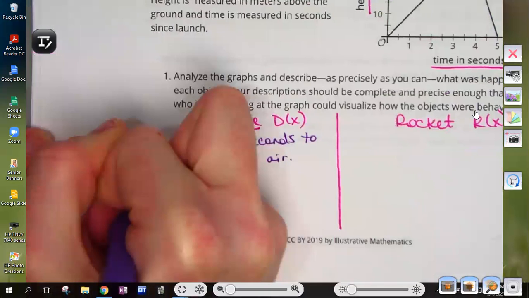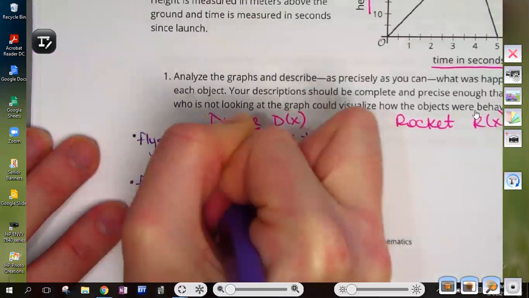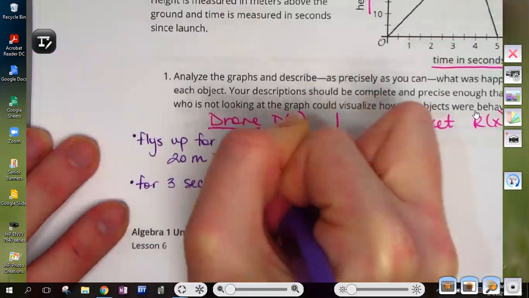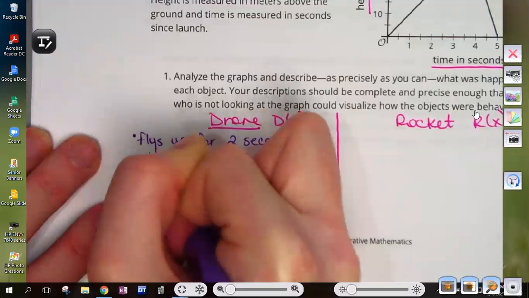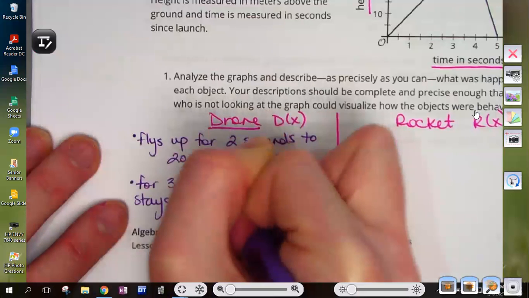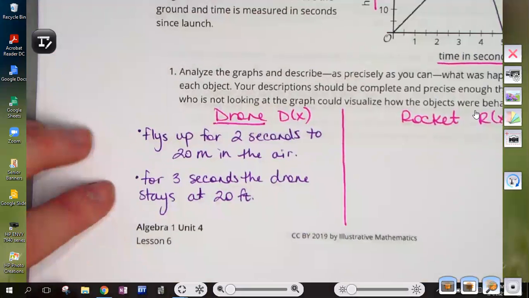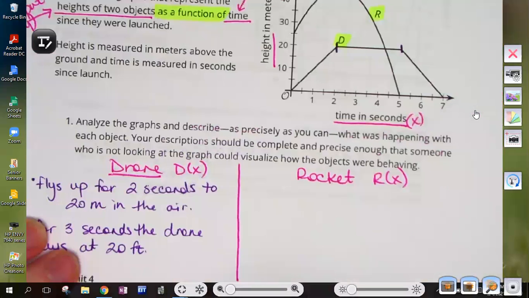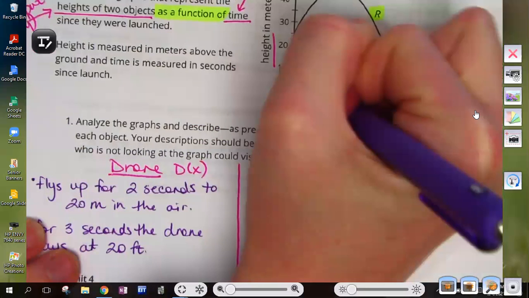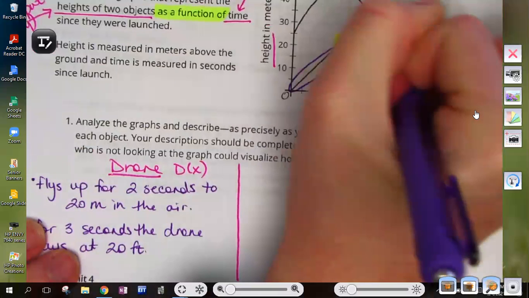So next bullet point. For 3 seconds, the drone stays at 20 feet. Okay, so we've described this little section. We've described this little section. Now we need to describe what's happening here.